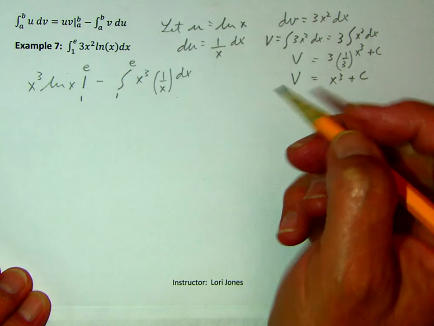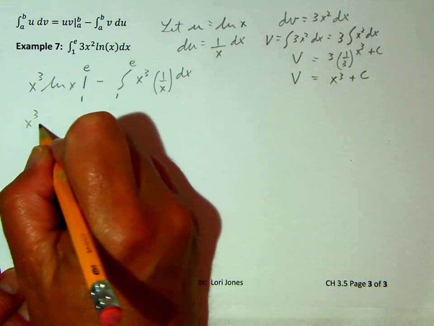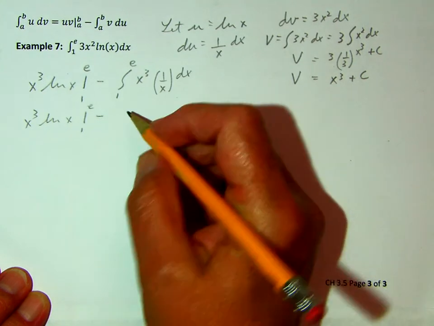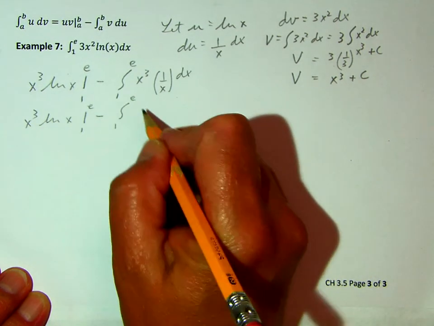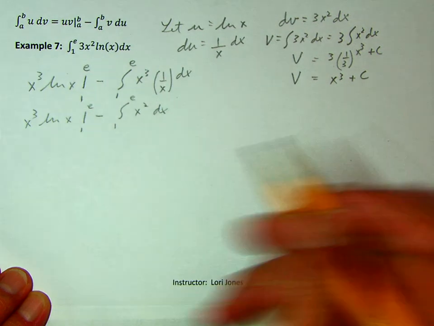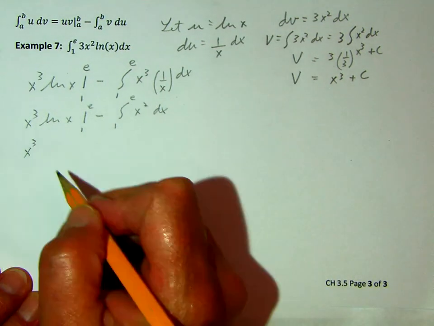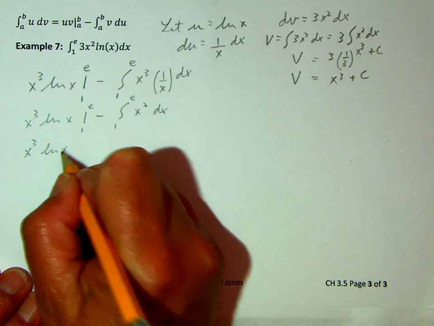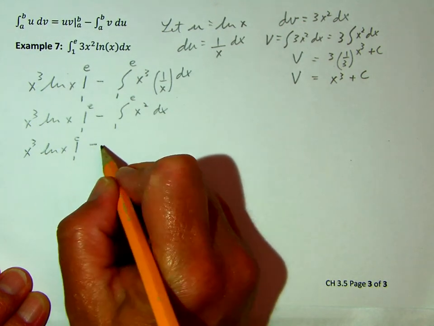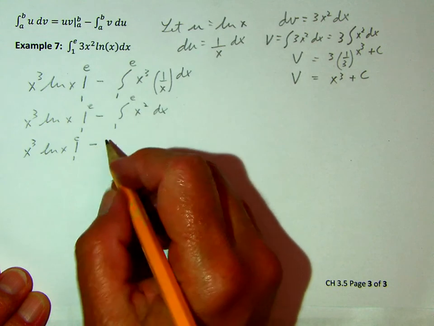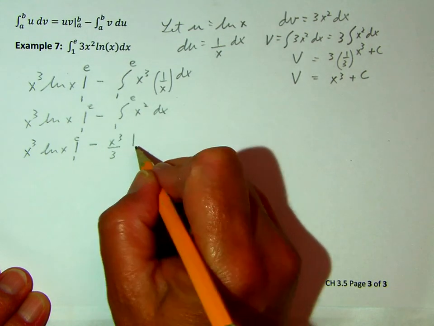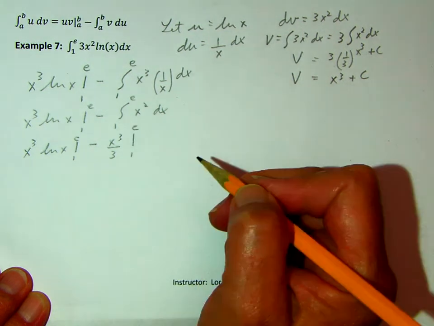So now I'm going to simplify. So I've got x cubed natural log of x evaluated from 1 to e minus the integral from 1 to e of x squared dx. So we continue, x cubed natural log of x evaluated from 1 to e minus x cubed over 3 evaluated from 1 to e.